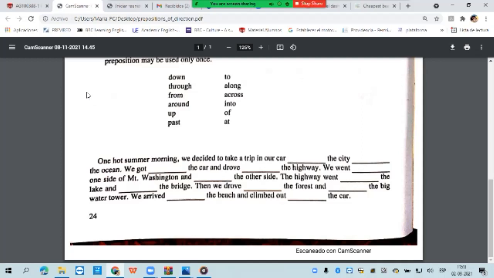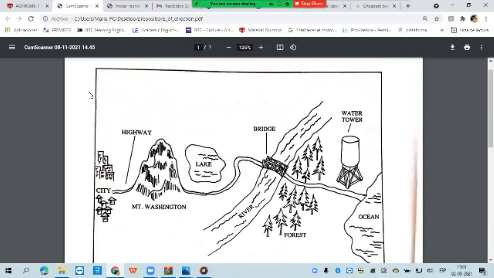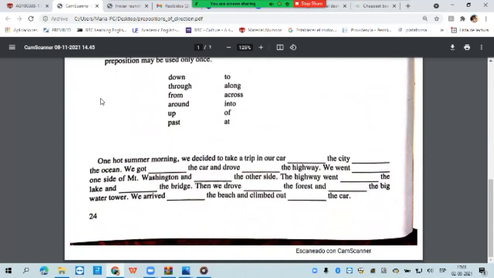No, you are describing the movement. The first part is correct. We went up one side of Mount Washington. So you went up and then? Down. Yes. So we went up one side of Mount Washington and down the other side. Okay. Who can continue?